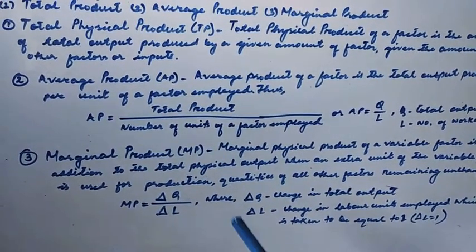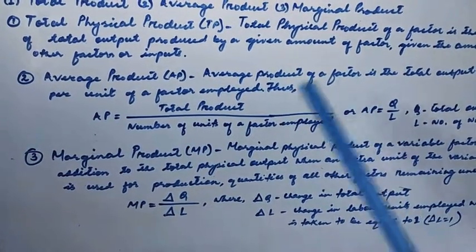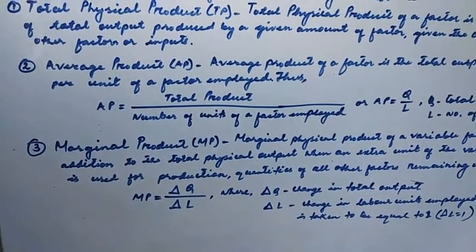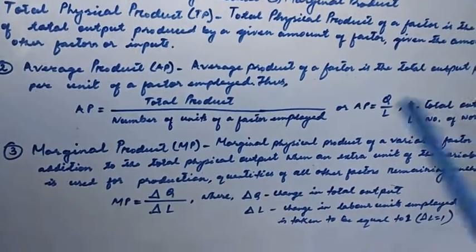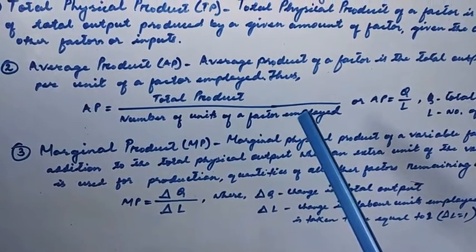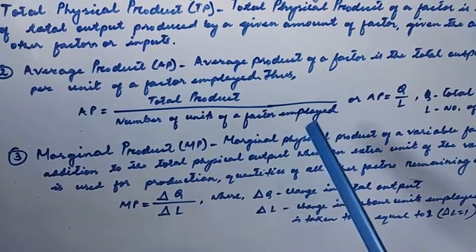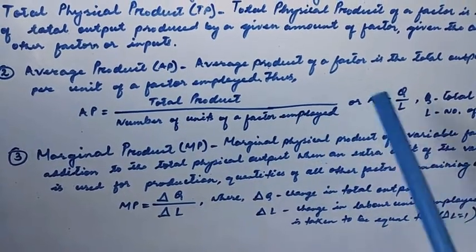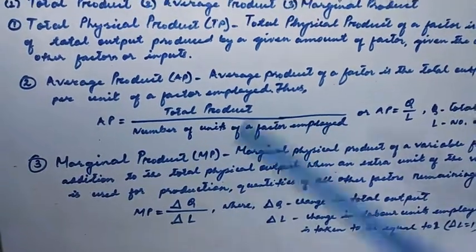The last one is marginal product. But before coming to that, it has been generally found that when more units of a factor are employed for production or for producing a commodity, the average product rises and then it falls.